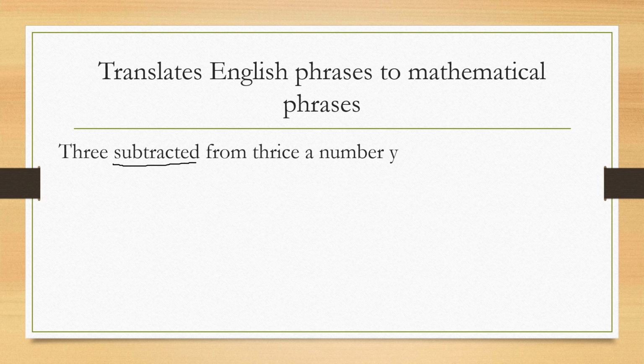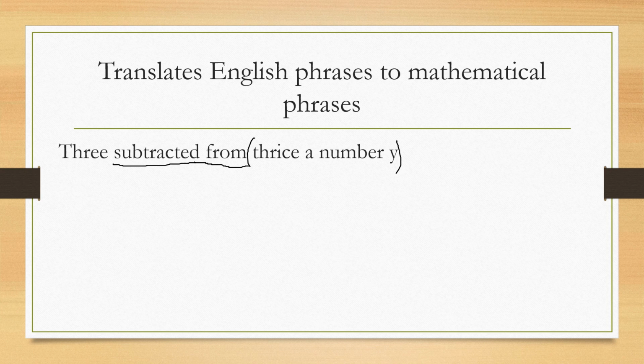So since subtracted siya, ibig sabihin ang gagamitin nating operation ay subtraction or yung minus. But how are we going to translate this into a mathematical phrase? So since the word is subtracted from, ibig sabihin, this one will be the first term in the given: thrice a number y.